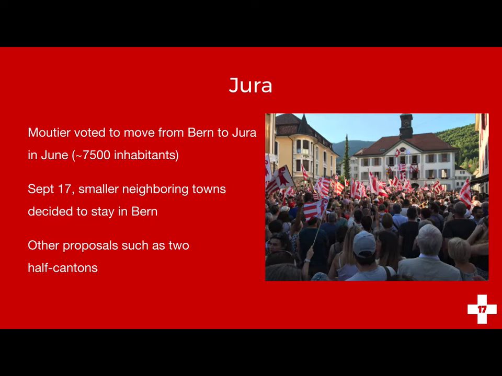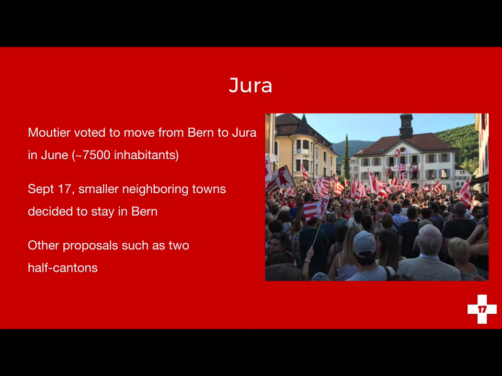And literally 2 days ago, after that larger city went, people thought that a lot of the smaller towns around it would also switch. So there was the vote on that, and pretty much all of them actually decided to stay in Bern. So it's kind of interesting. And then there's a lot of other proposals that have been proposed. It's still a huge point of contention.